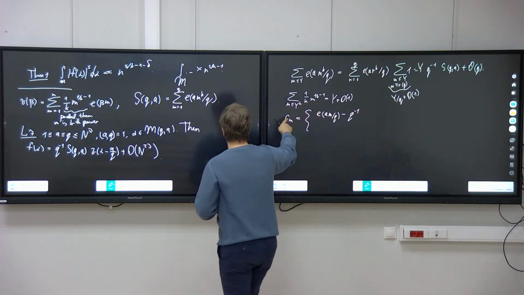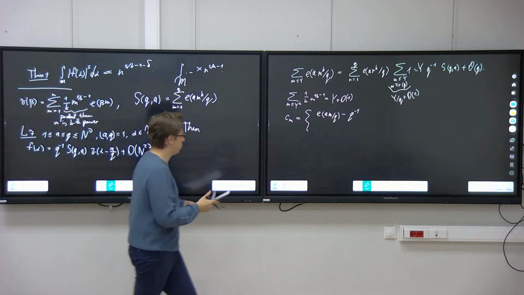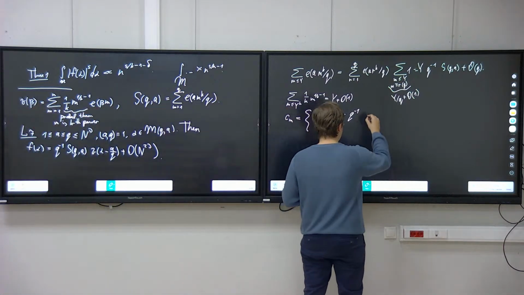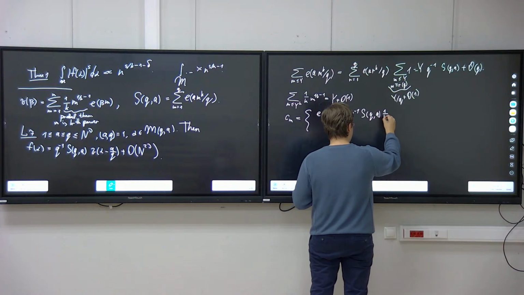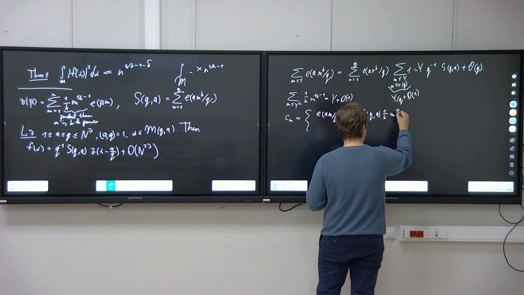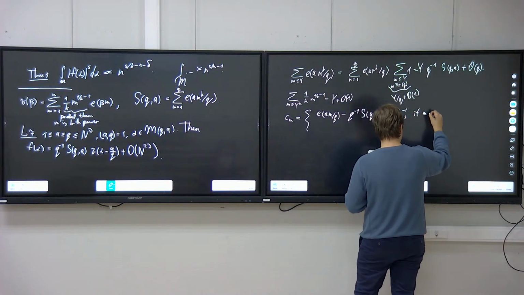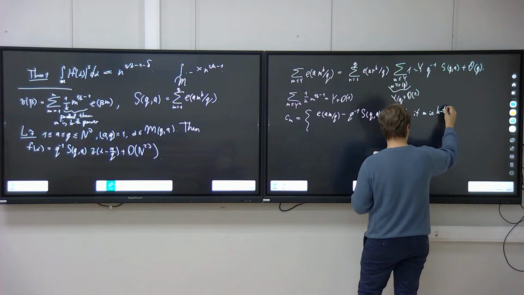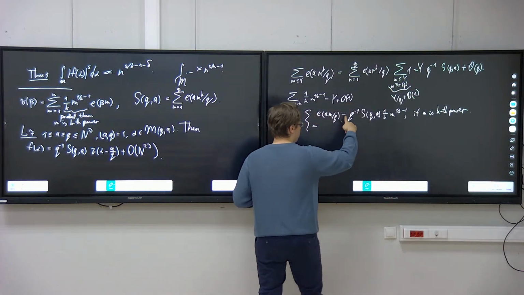So c of m will be the difference of this and this somehow: 1 over k m to the power 1 over k minus 1 if m is a k-th power, and otherwise just that part.